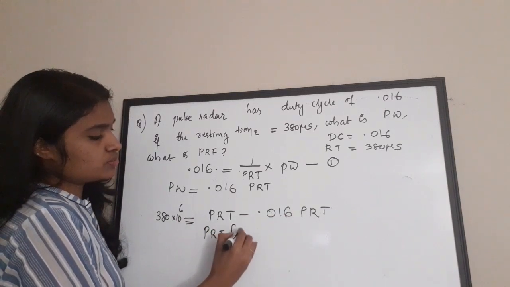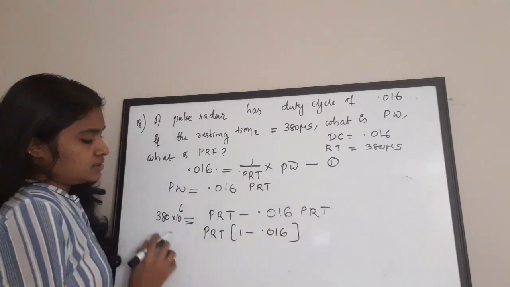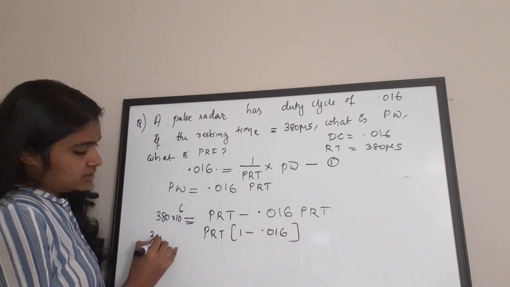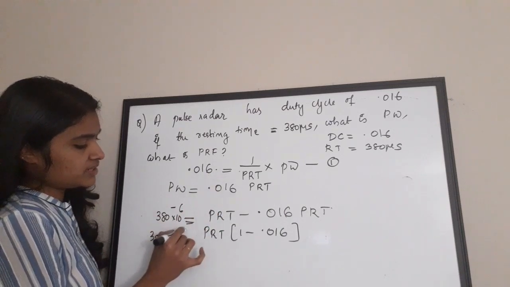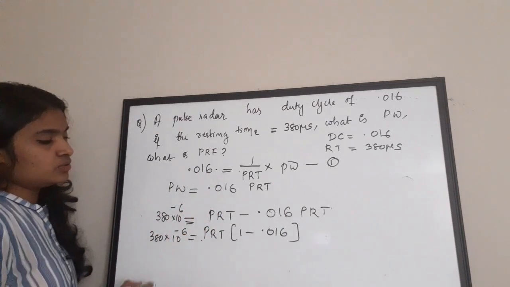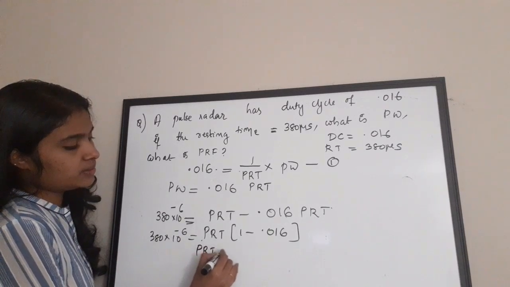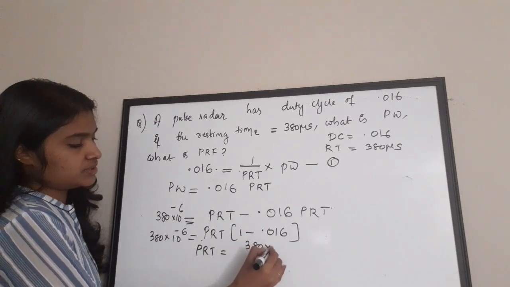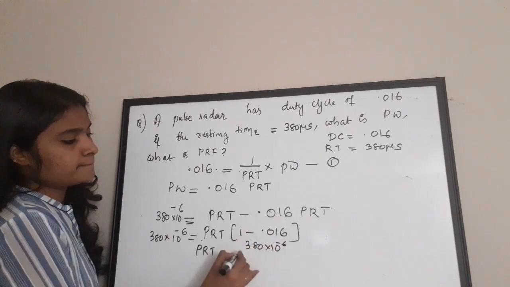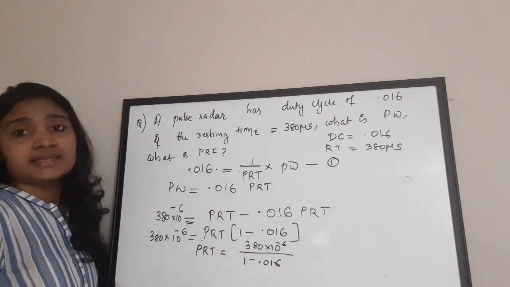PRT into 1 minus 0.016 is equal to 380 into 10 raised to minus 6. Now, from this relation, PRT will be equal to 380 into 10 raised to minus 6 by 1 minus 0.016, right?